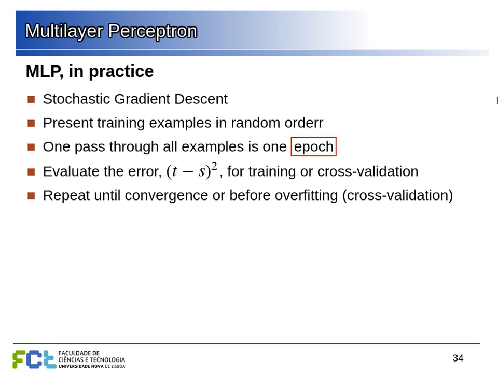We just take all the examples, order them at random, and make one pass, and then order them at random again and make another pass. So at each epoch, each example is presented one time. It's just the ordering that changes. And then we evaluate the error, the quadratic error, for training, for cross-validation, whatever.